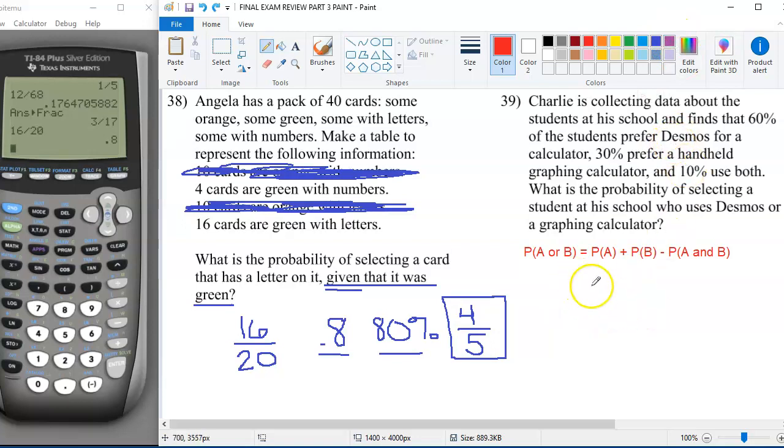Long story short, if 60% of students prefer Desmos and 30% of students prefer a handheld calculator and 10% of students prefer both, you could do 60 plus 30 minus 10, which would be 80%. So again, I'm not huge on probability formulas, but that is one that I think you should probably know. Okay, so Desmos or a graphing calculator. We just don't want that group that used both to be counted twice, so you had to subtract the repeats.